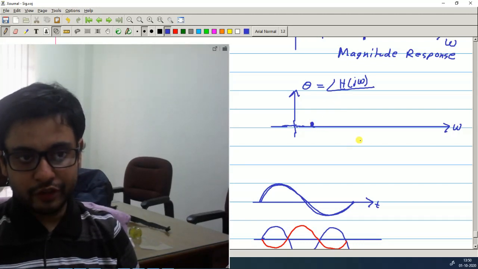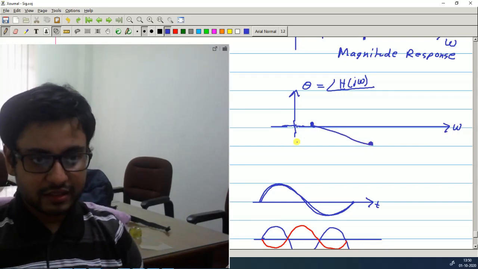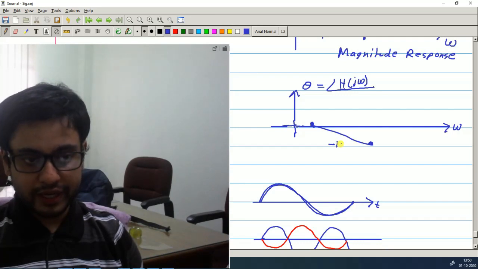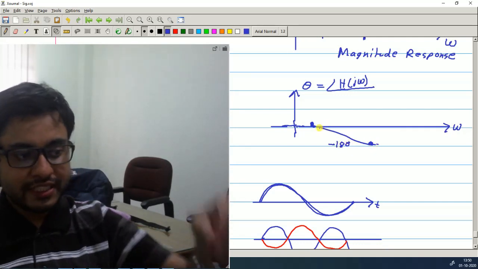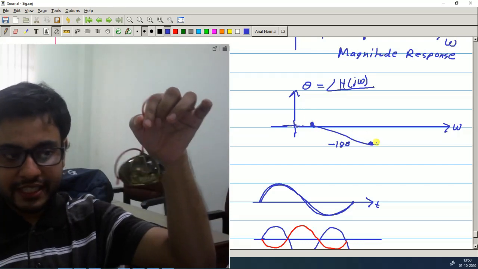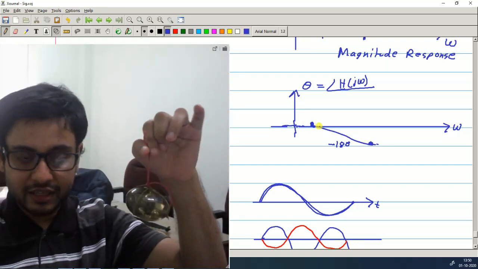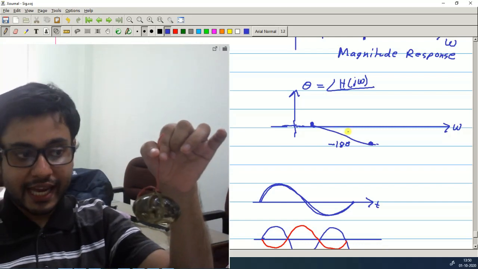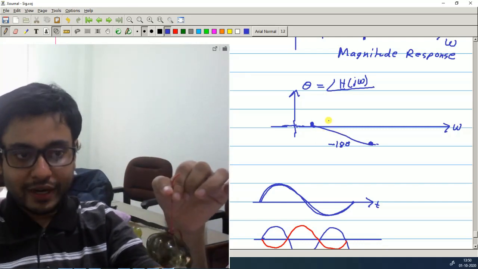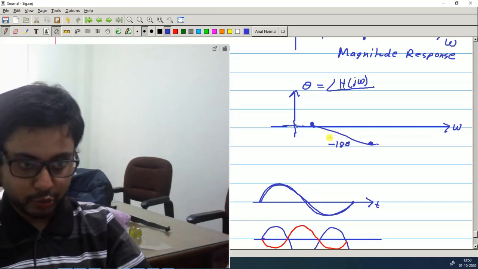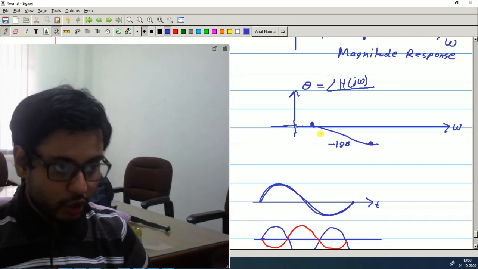So at a higher frequency, this goes down to 180 degree. This point is minus 180 degree. Okay, and you can do this experiment for different intermediate frequencies and try to realize what is the phase gap between input and output.